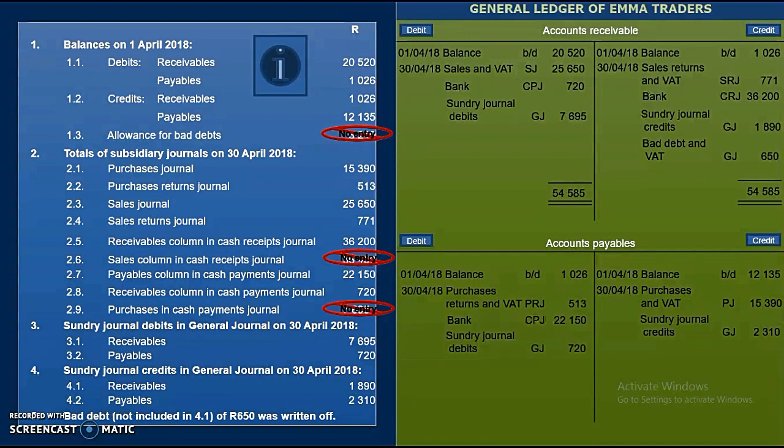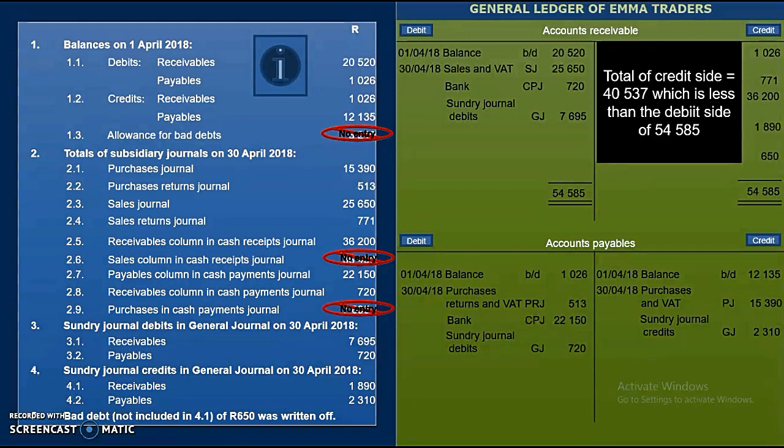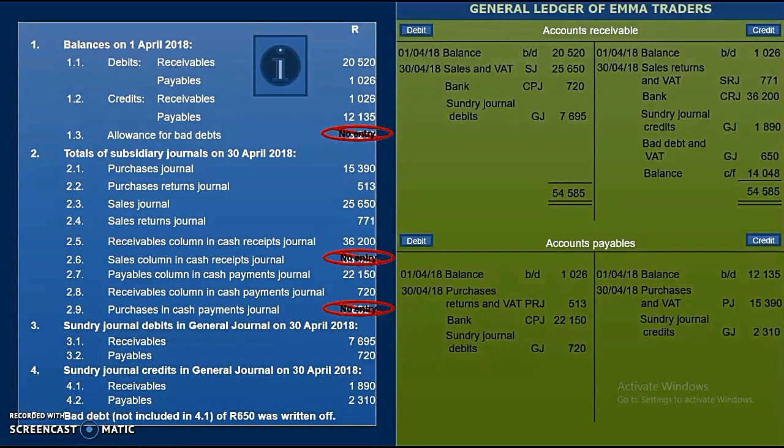The balance would be on the credit side, since the total of the credit side is lower than the total of the debit side. To get to the balance recorded on the credit side, we'll take the total of 54,585 and subtract all amounts on the credit side. This will give us a balance of 14,048 Rand.